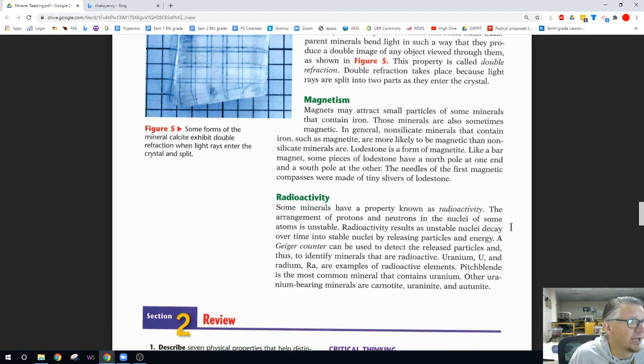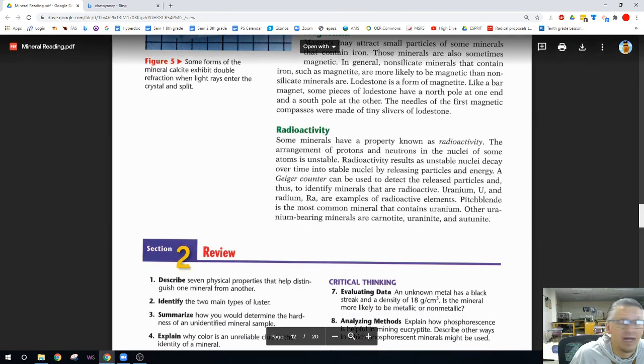Uranium, U, and radium, Ra, are examples of radioactive elements. Pitchblende is the most common mineral that contains uranium. Other uranium-bearing minerals are carnotite, uraninite, and autunite. That is Unit 2.